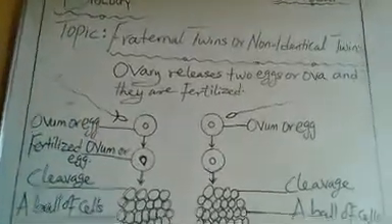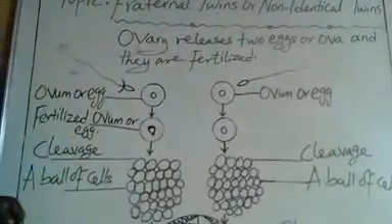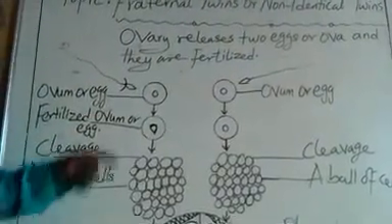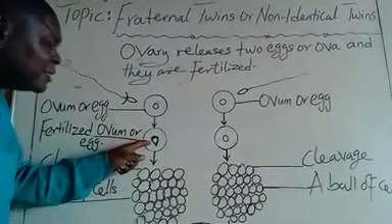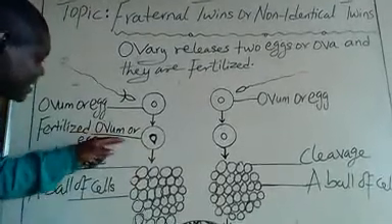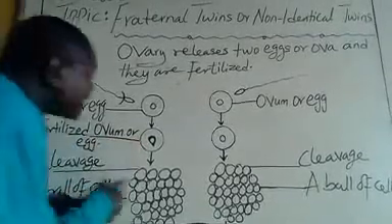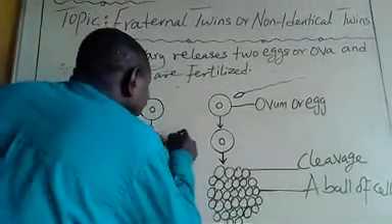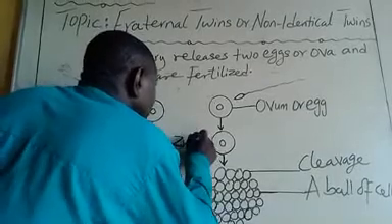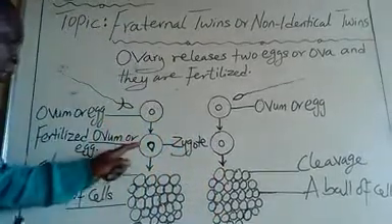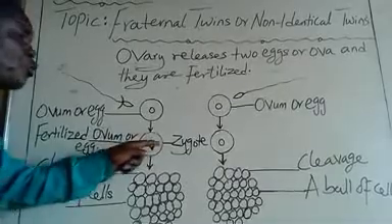Alright? We call it cleavage. Cleavage is the splitting of the original cell. Look at the original cell. It will split. Look at the fertilized egg or ovum. We can also call it zygote. This fertilized ovum is also called zygote.